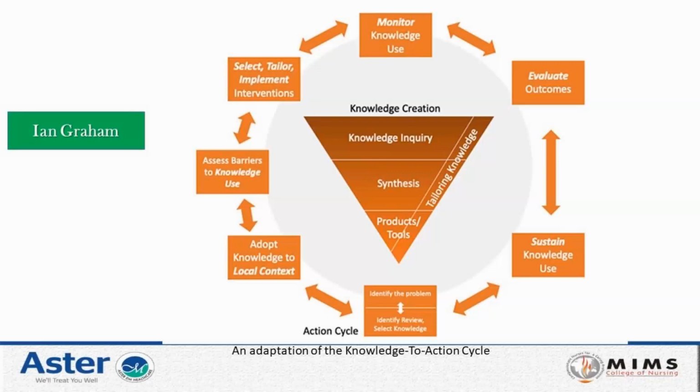And according to him, you identify the problem area where the gap is, then identify reviews or select knowledge, or you do research, identify knowledge, and then select knowledge, which one has to be applied. Then adapt knowledge to the local context. Remember, I have told you that a study done in the US may not be applicable in India.